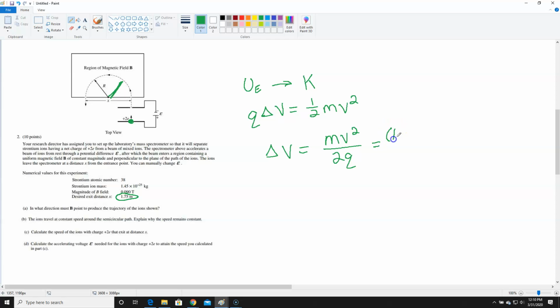So the mass, 1.45 e negative 25. v was just solved, 173,793. We'll square it. 2 times the charge, 2 times 1.6 e negative 19.